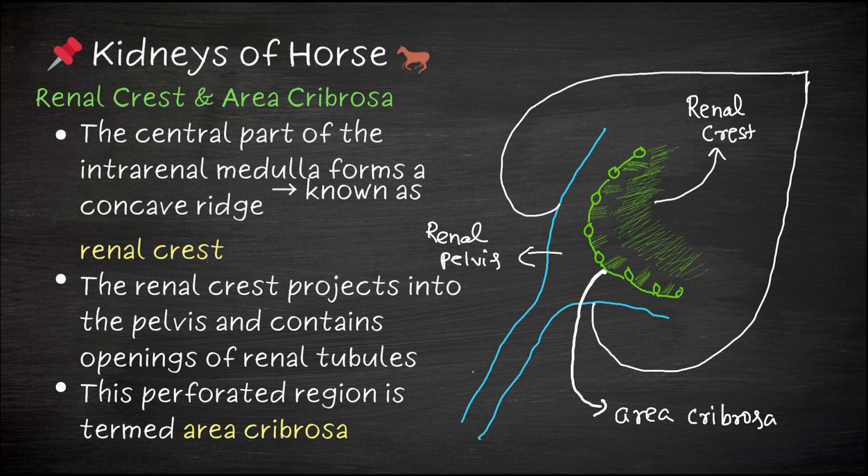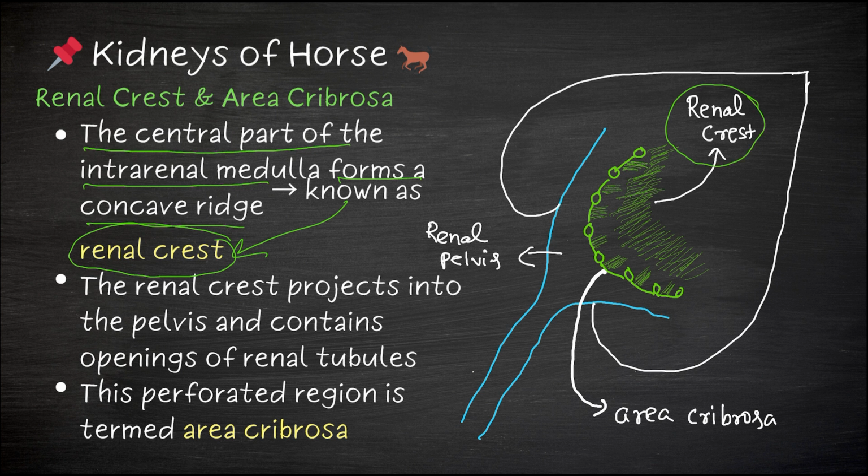What you will find is that the central part of the intrarenal medulla forms a concave ridge, and that ridge is known as the renal crest. Very important, renal crest. In this part you will not find distinct renal pyramids. Instead you will find a concave ridge called the renal crest.